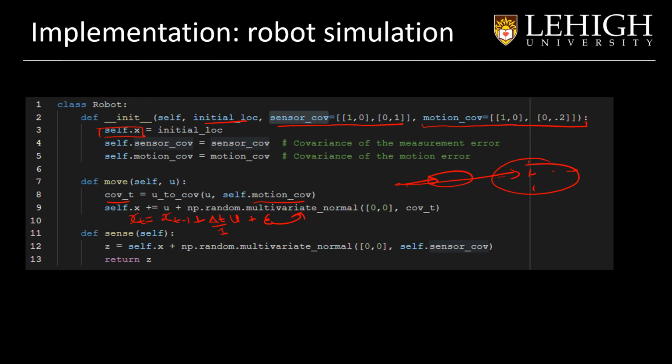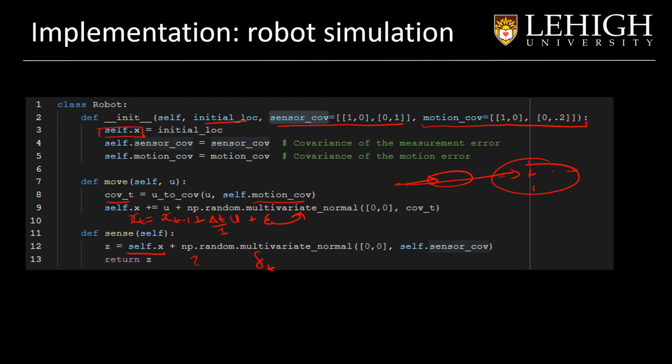And for the sensing, we have a sensor that just gives the value of the actual state of the robot plus the error. This is the error that we used to call delta t.